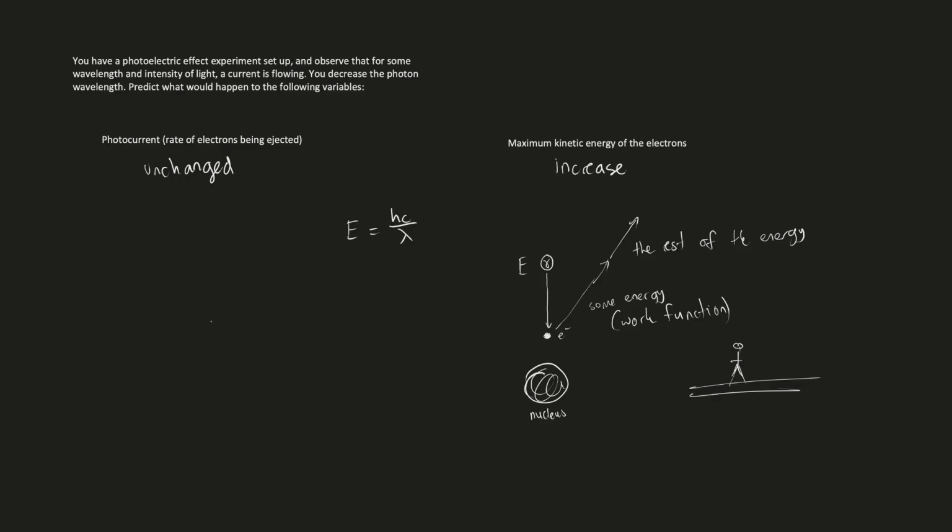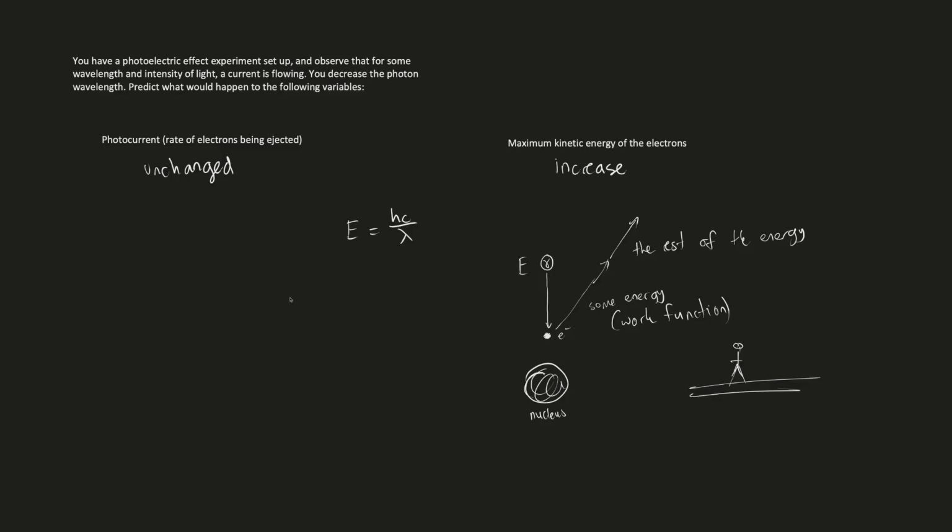And as a result, the total photocurrent, so the rate of electrons per unit time, the number per unit time of electrons being ejected, doesn't actually change. And all of this, the real point why we care about the photoelectric effect, is that this demonstrates the particle nature of light, because you can see that the electron ejection process is quantized.